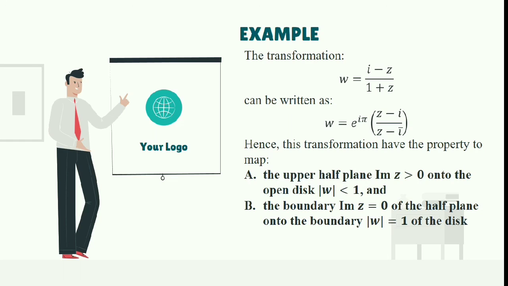Hence, the transformation has the property to map the upper half plane of positive imaginary z onto the open disk |w| less than 1, and the boundary of the half plane, imaginary z equals 0, onto the boundary of the disk, |w| equals 1.